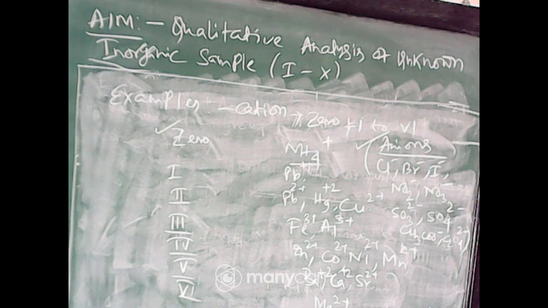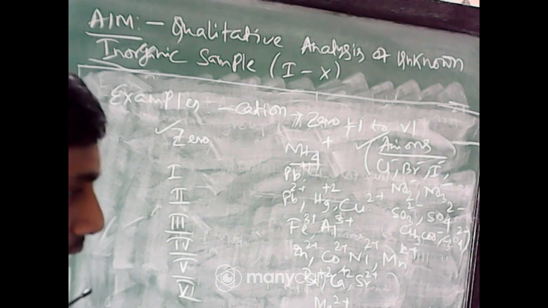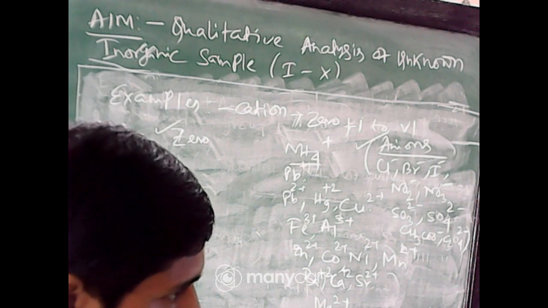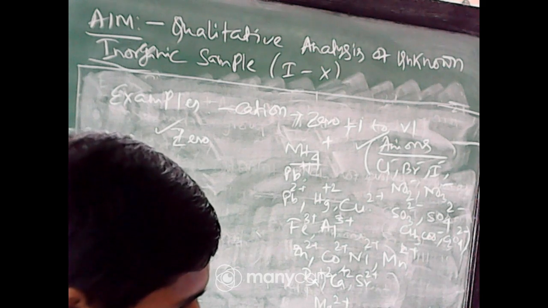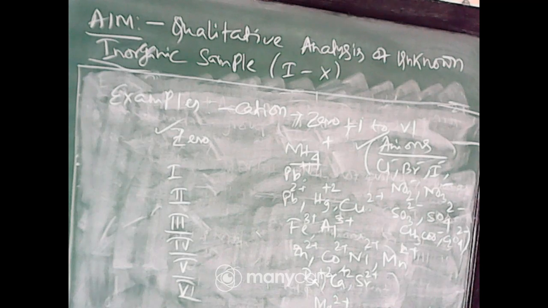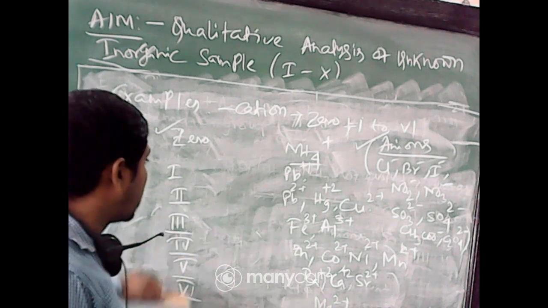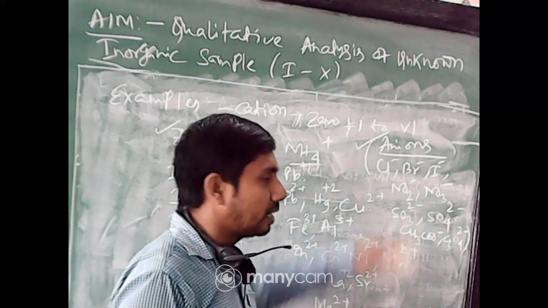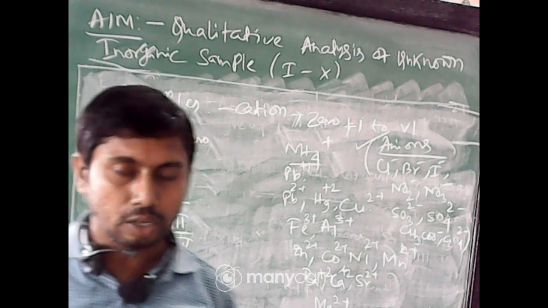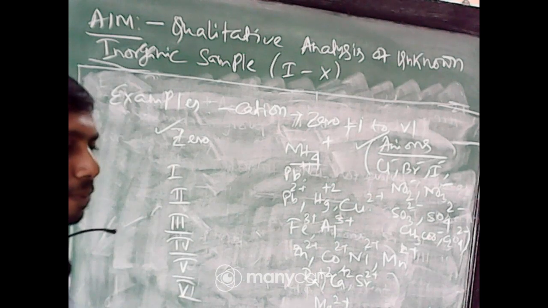Move to page number 71 quickly, where you can see this group separation table with the group reagent. Now the group reagent, what is group reagent? By adding that particular reagent, the precipitates come.